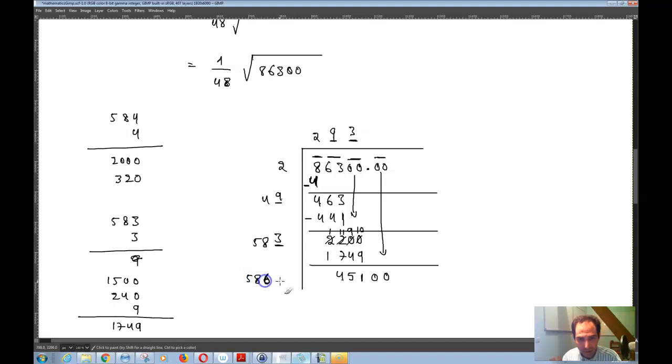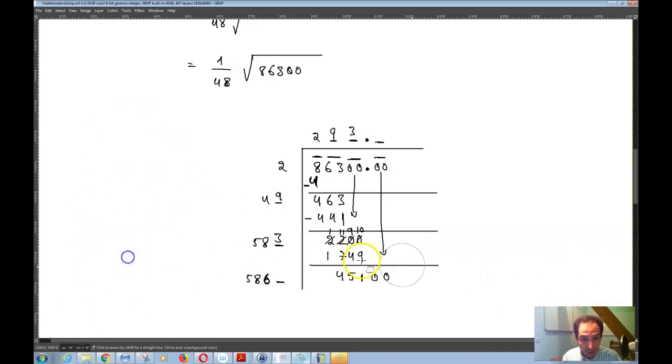Another digit here, another digit here, and don't forget the decimal point. So you want to get to basically 45,000, and here you have 5,000. So 10 times 5,000 is 50,000. It's around 100. You have 800 here as well. So for example, 8 times 800 is something about 6,500.